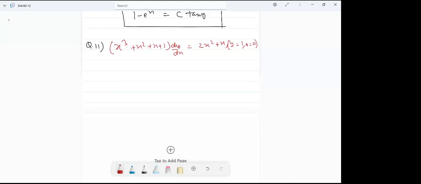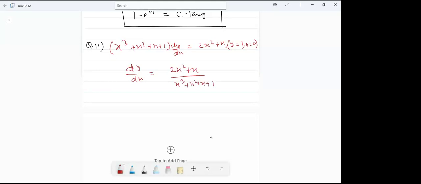So we can write it this way: dy over dx equals to 2x square plus x divided by x cube plus x square plus x plus 1.